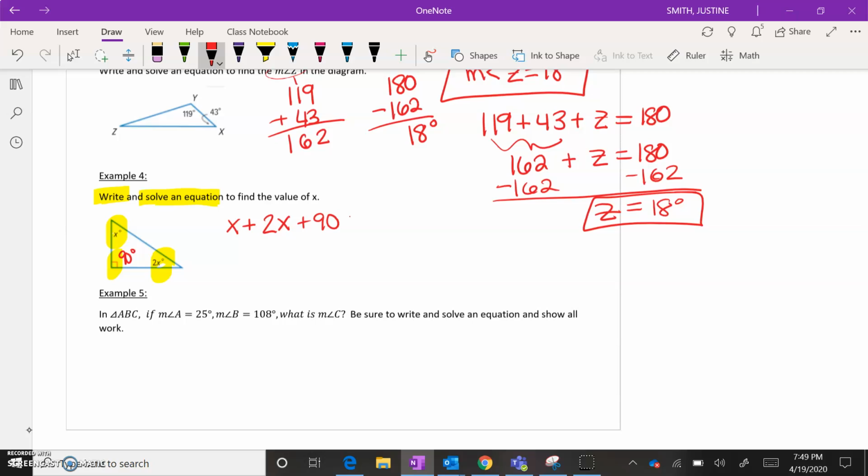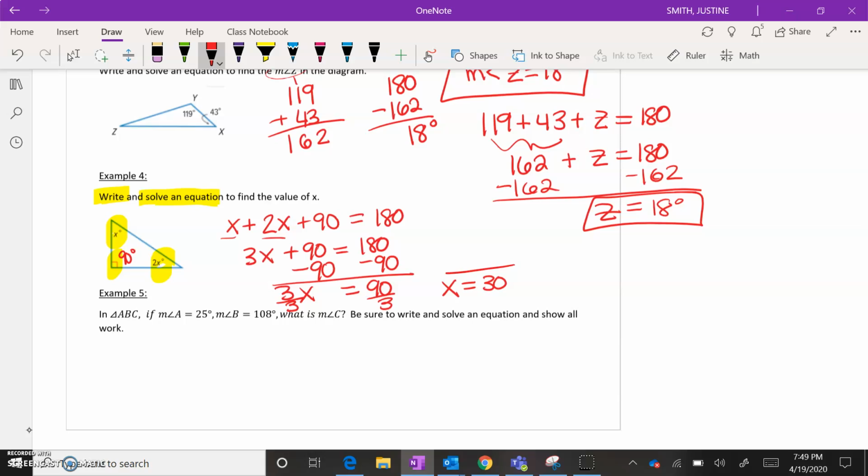And we know that all of that needs to sum to 180 degrees. So we're going to combine our like terms to get 3x plus 90 equals 180. And then we're going to subtract 90 from both sides to get 3x is equal to 90. So when we divide by 3 here, we're going to get x is equal to 30.